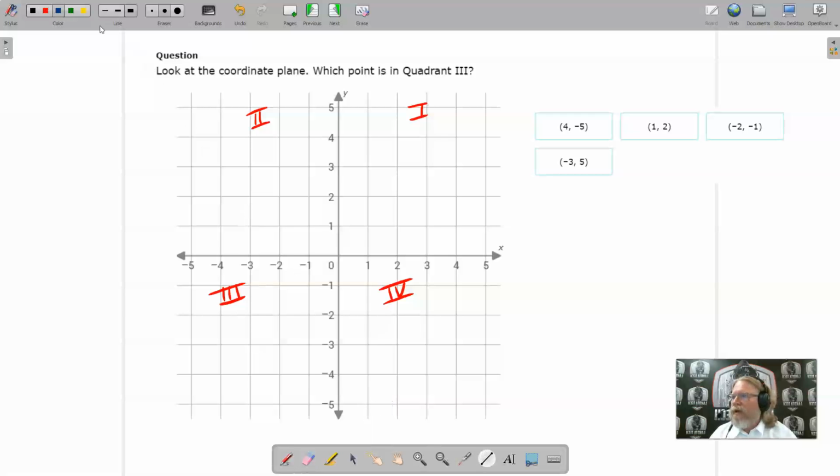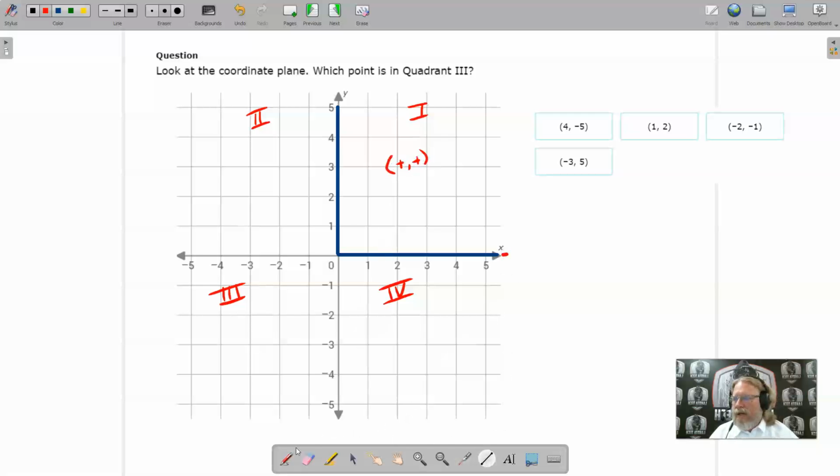In Quadrant 1, the X values go from the origin to the right, and all the Y values go from the origin up. Remember, the origin is where the X and Y axes intersect. So to the right and up, everything is positive. We're always going to have a positive X value and a positive Y value in Quadrant 1.